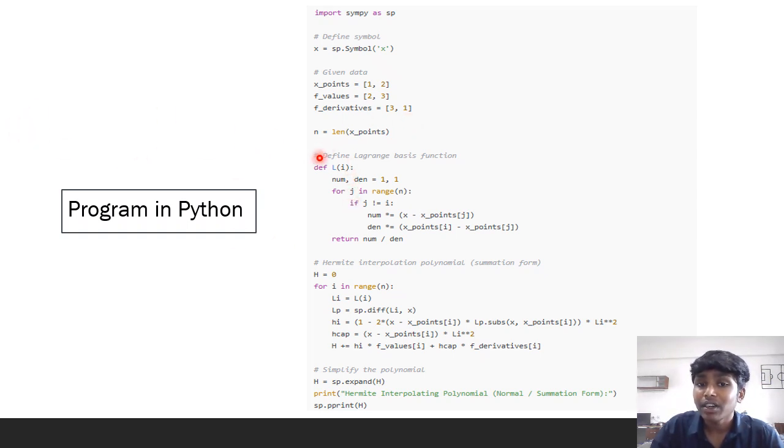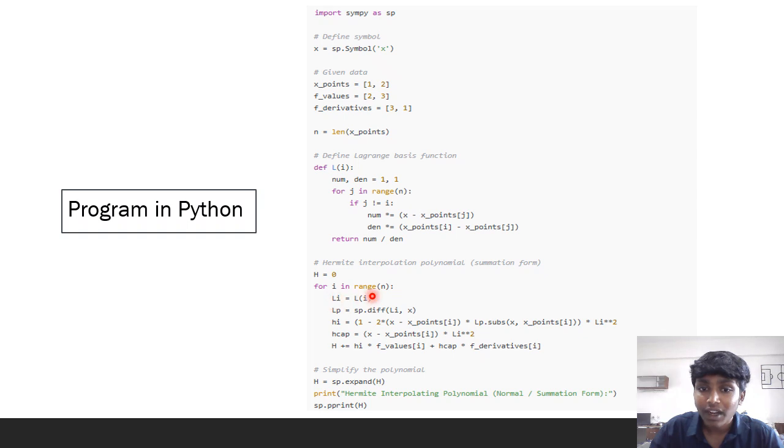Then we define L of i, which is basically the Lagrange basis polynomial. This for loop is for the repeated product used in the Lagrange interpolation polynomial. Next, let us assume our Hermite interpolation polynomial as 0 in the starting.